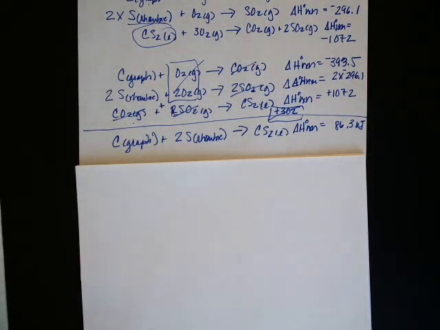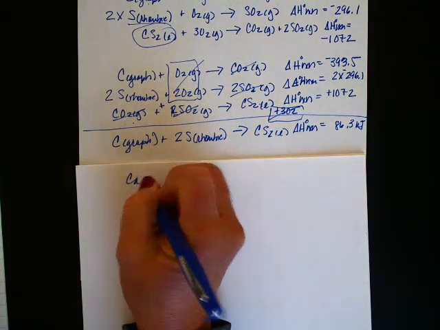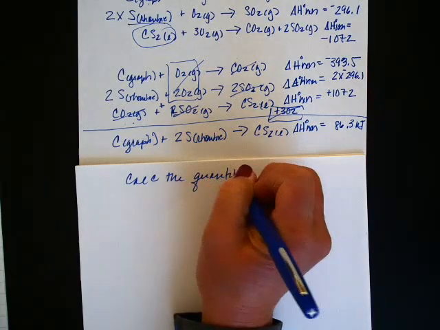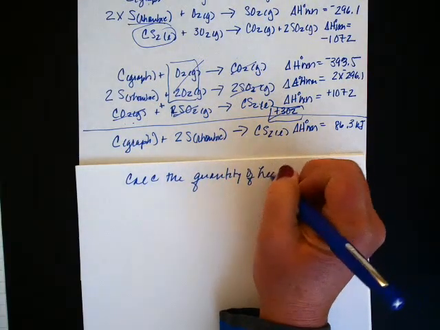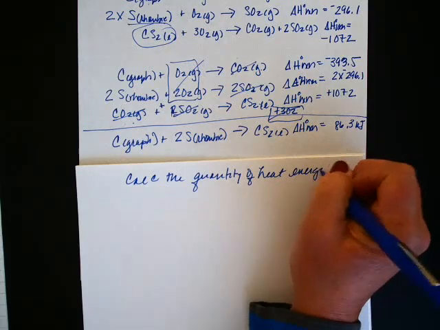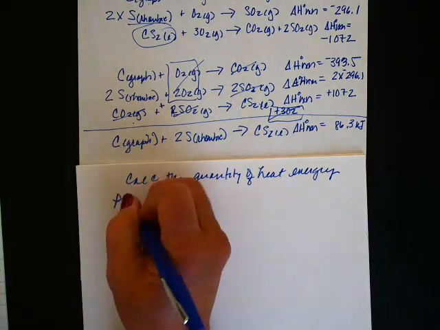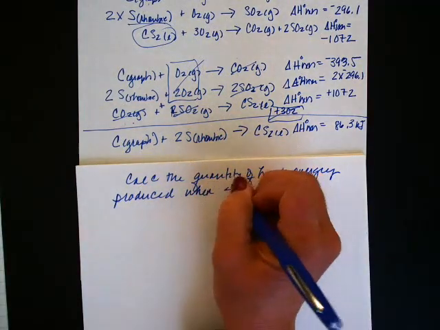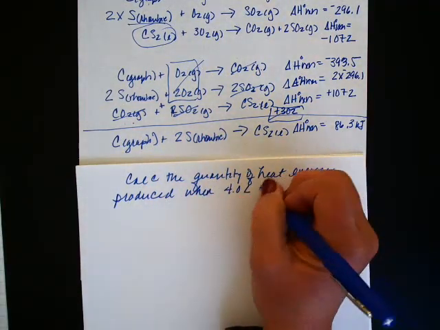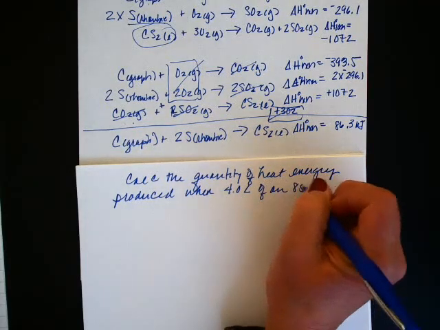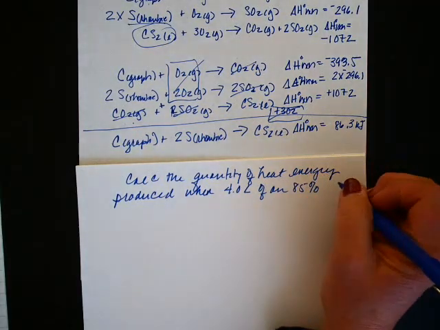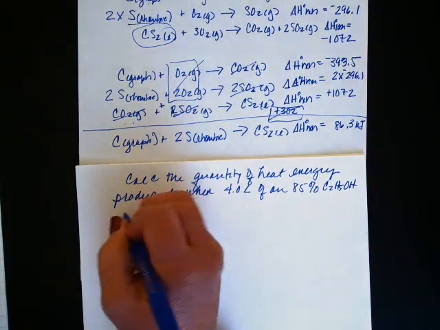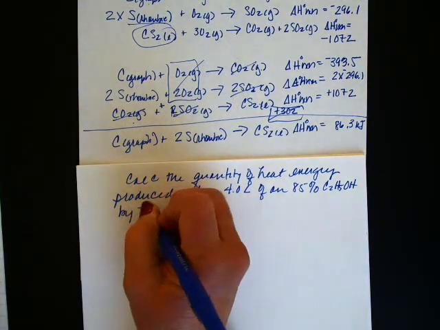We want to calculate the quantity of heat energy that is produced when 4.0 liters of an 85% ethanol solution by volume is burned.